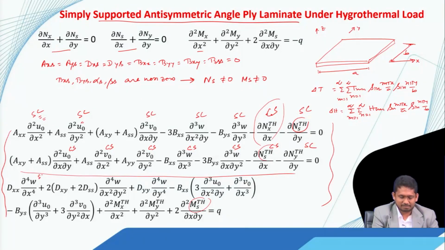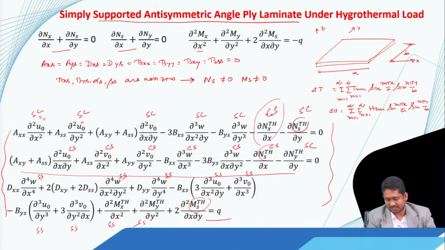Similarly, here this will give me a sine sine term, and we will have the same thing here, sine sine terms. Here also we have sine sine terms, but this term will give me a cosine and cosine term. Again, because of the presence of this, we will not be able to separate out the trigonometric terms. So for this kind of problem, a Navier solution is not possible.